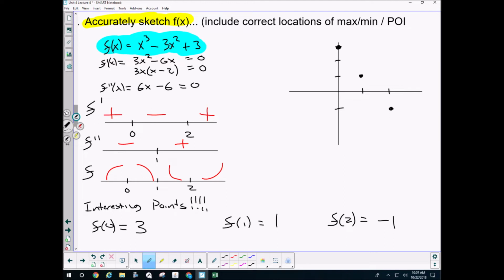If I plotted those 3 points, you'd probably try to connect them with a straight line. So you probably know what an x cubed graph looks like. But now we know we are increasing, concave down, decreasing, concave down, decreasing, concave up, increasing, concave up.